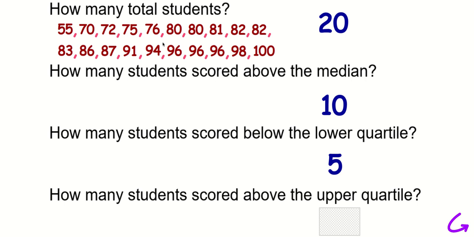Remember, the upper quartile ended up being exactly 95. So again, it's also 5, huh? So these numbers, maybe it's occurred to you that, considering there were 20 numbers, what's going on here?